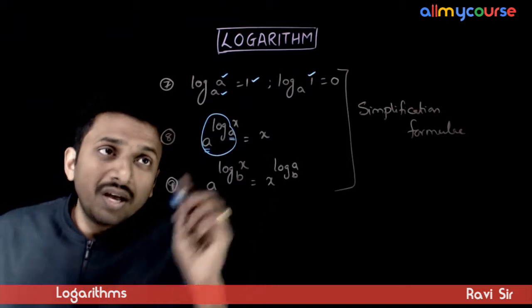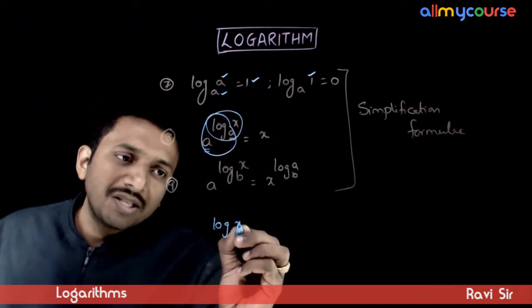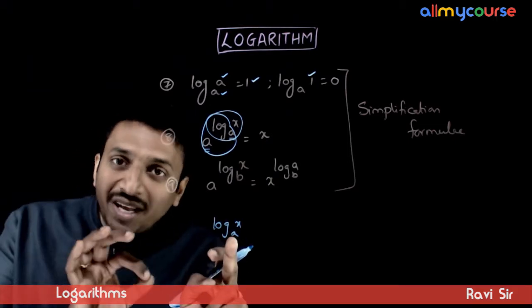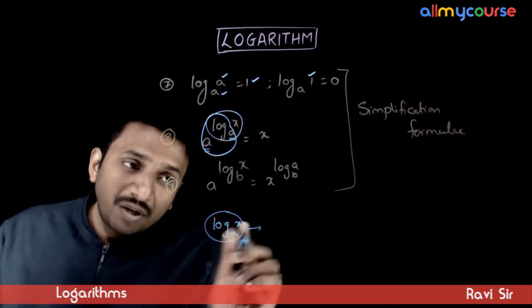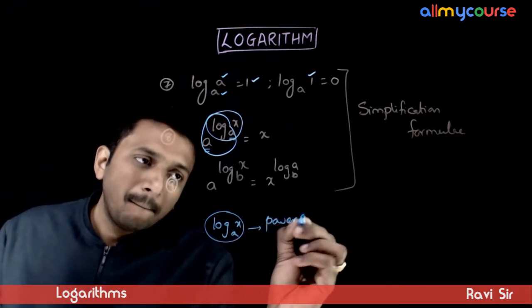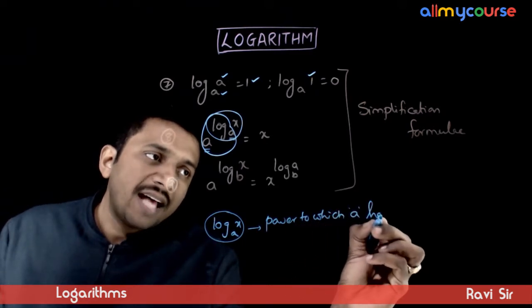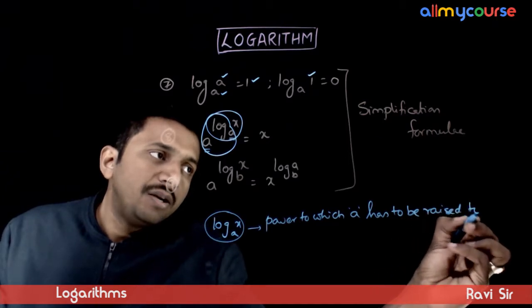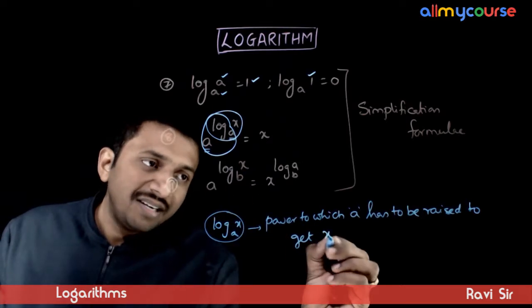So why does this work? What is log x to the base a? This is the power to which a has to be raised to get x as the answer, right?